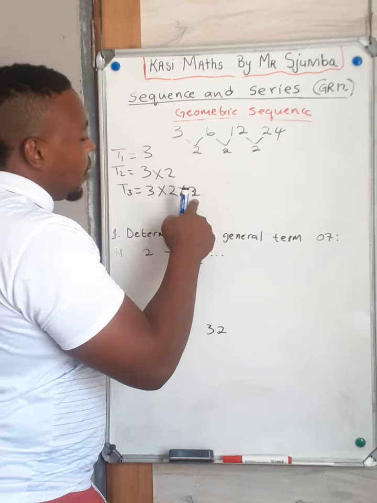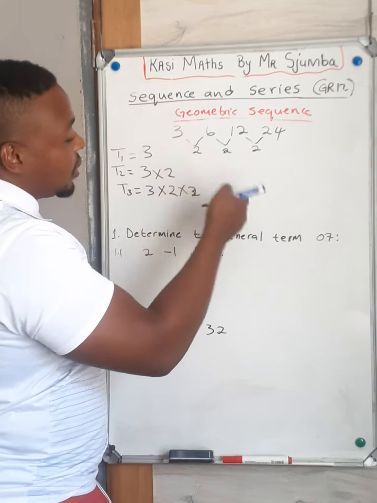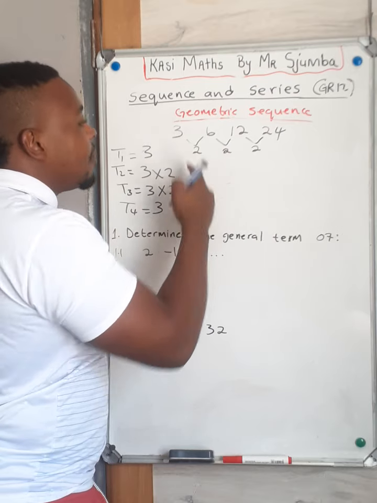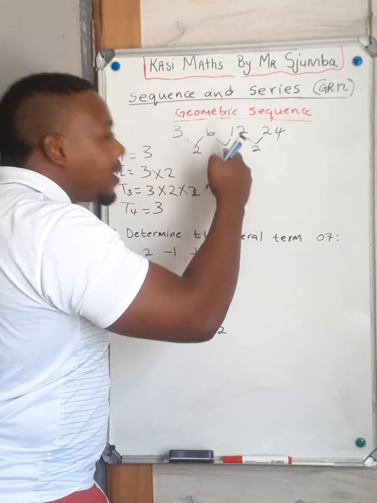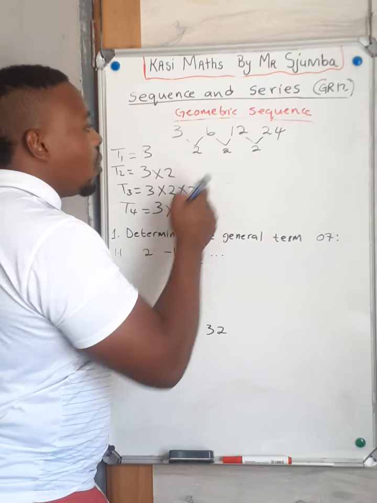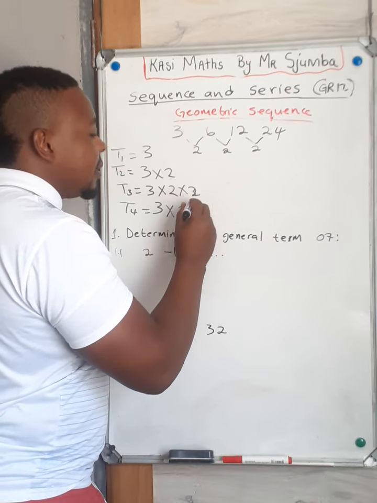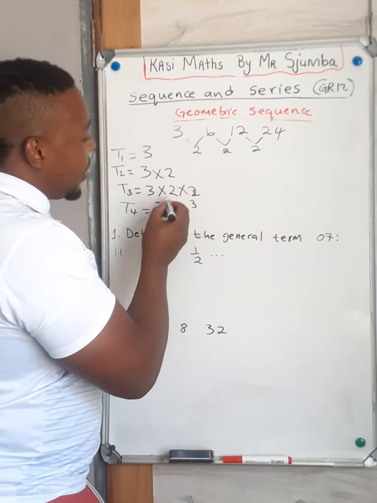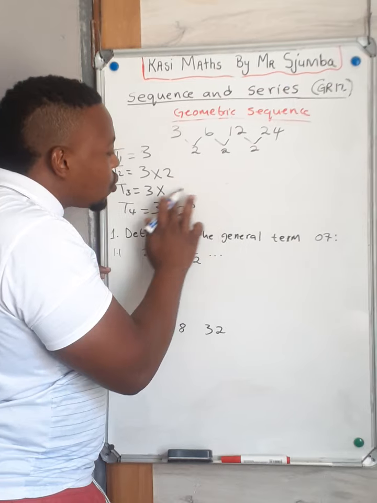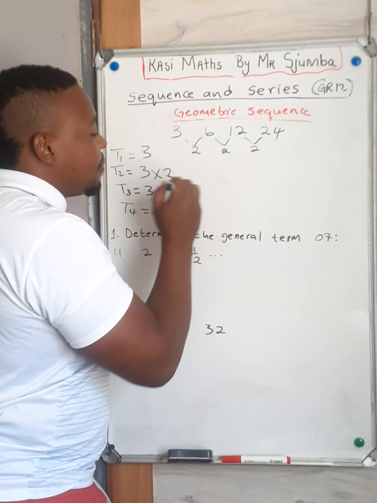This will make what? 12. 3 times 2 is 6, 6 times 2 is 12. Term 4 will be the first term multiplied by the common ratio, multiplied by another common ratio, multiplied by another common ratio. So how many common ratios? There are 3. Here there are 2 common ratios, so I can write 2 raised to 2.